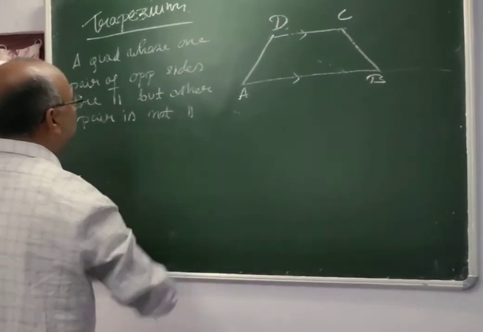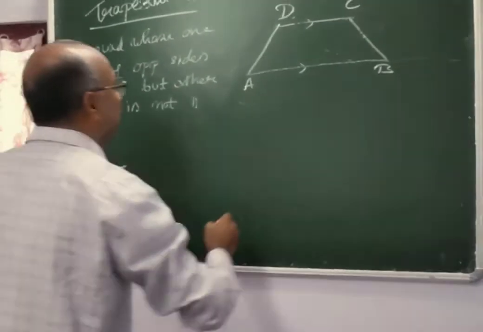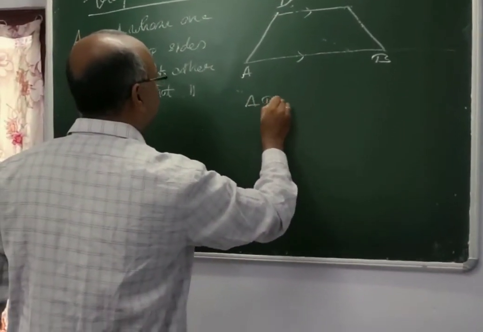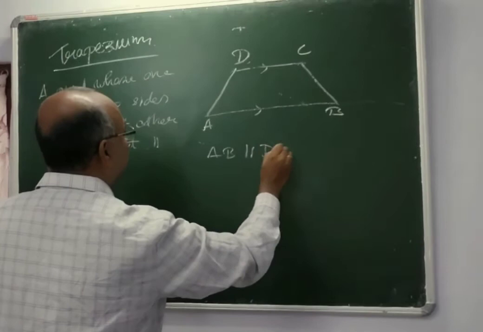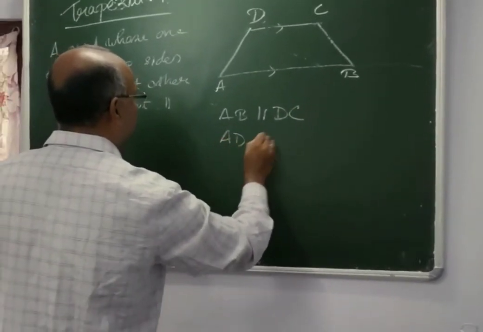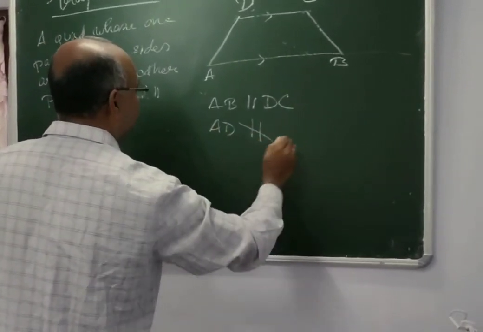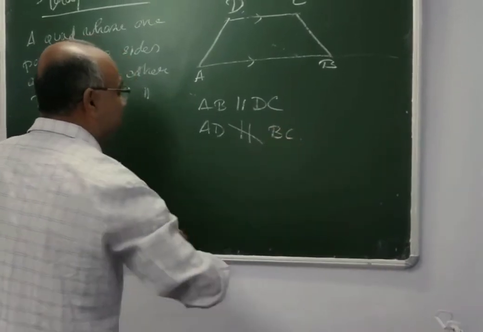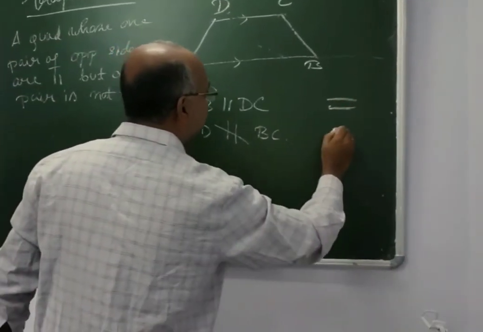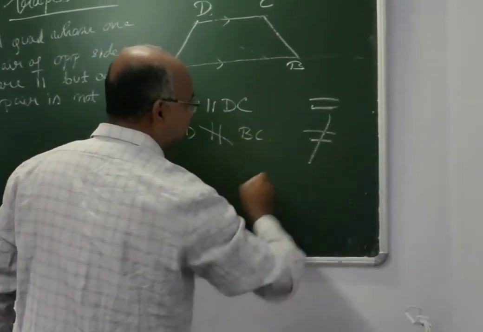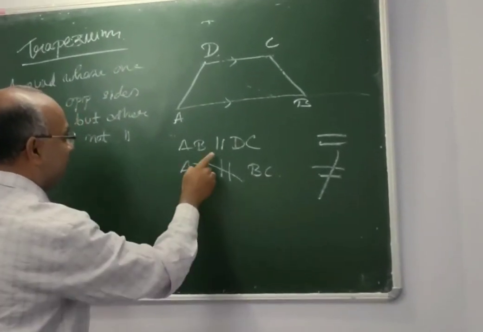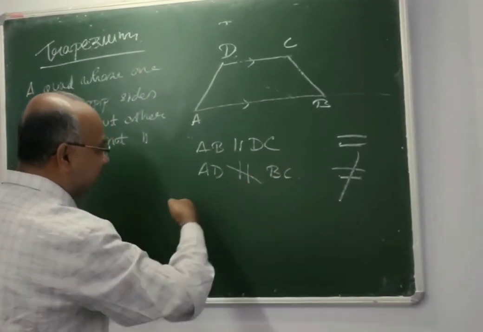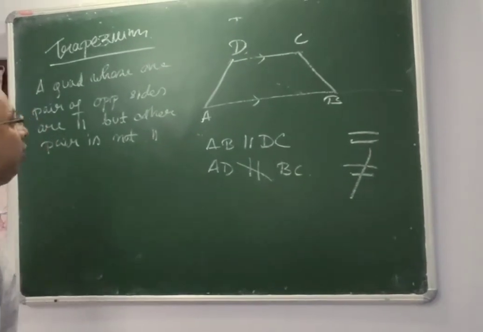This is your trapezium. So that means AB is parallel to DC, but AD is not parallel to BC. You remember it. After writing equal, if you cross it like this, that is called not equal. Same way, parallel, you cross it like this, that is called not parallel.